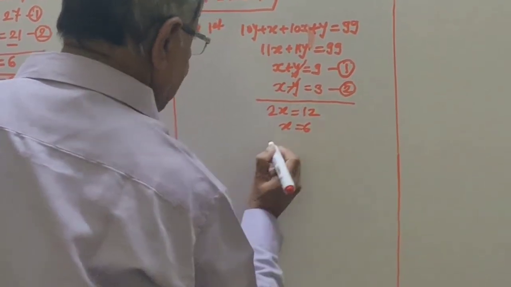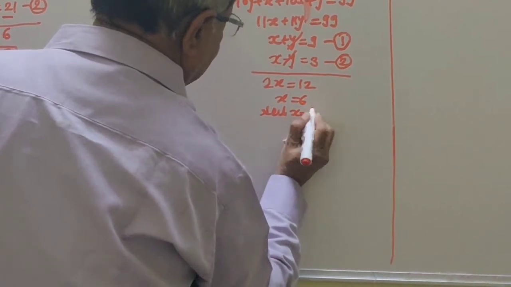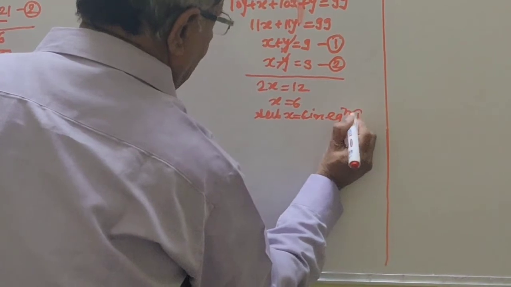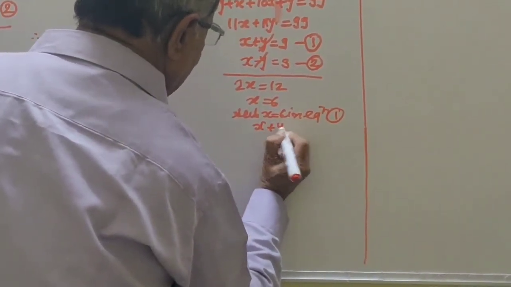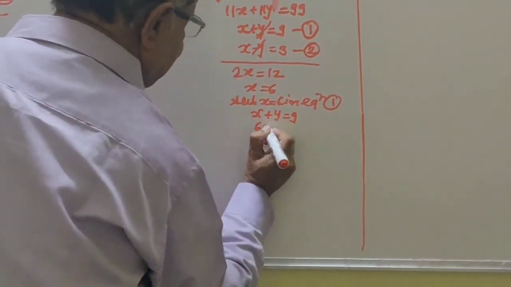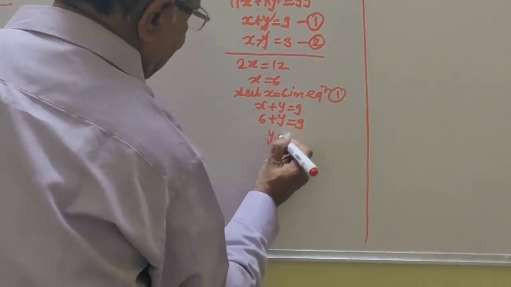Now I will substitute the value X is equal to 6 in equation 1. X plus Y is equal to 9, so 6 plus Y is equal to 9. So Y is equal to 3.